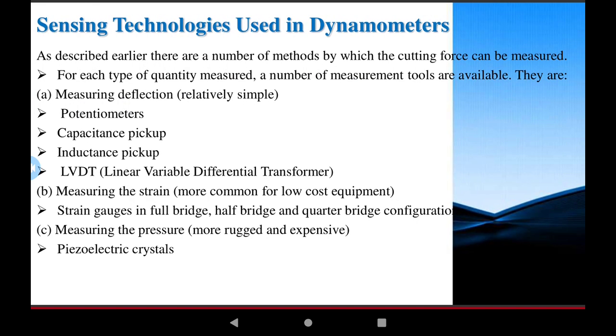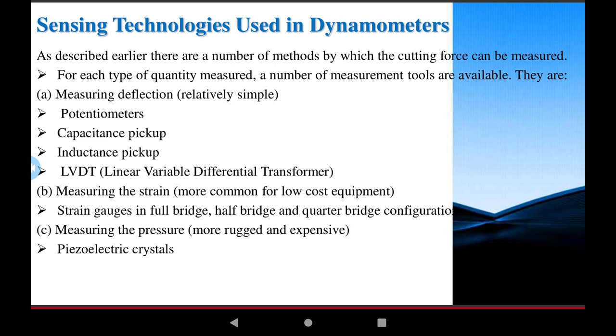Sensing technologies used in the dynamometer. As described earlier, there are a number of methods by which the cutting force can be measured, and for each type of quantity measured, a number of measurement tools are available.